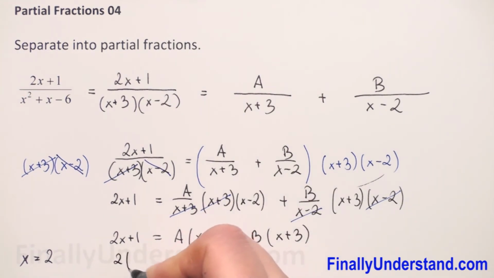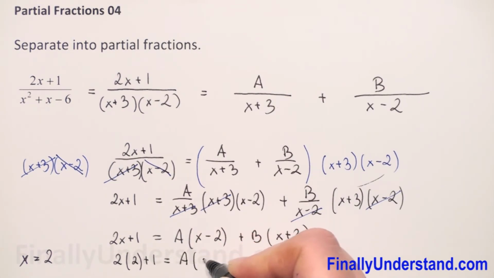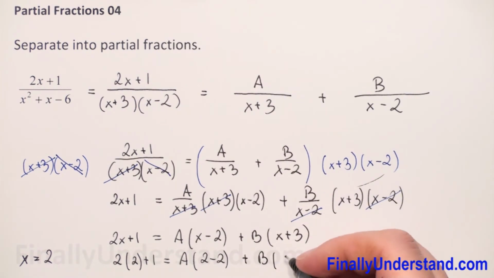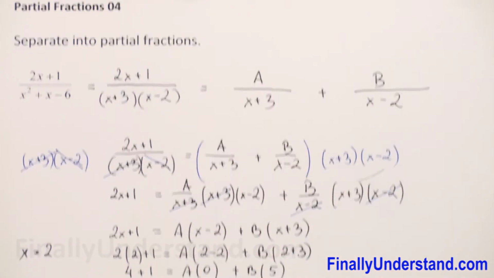So we have 2 times 2 plus 1, and this is equal to a times (2 minus 2) plus b times (2 plus 3). So 2 times 2 is 4 plus 1 will be 5. And a times 0 will be 0, plus b times 5.